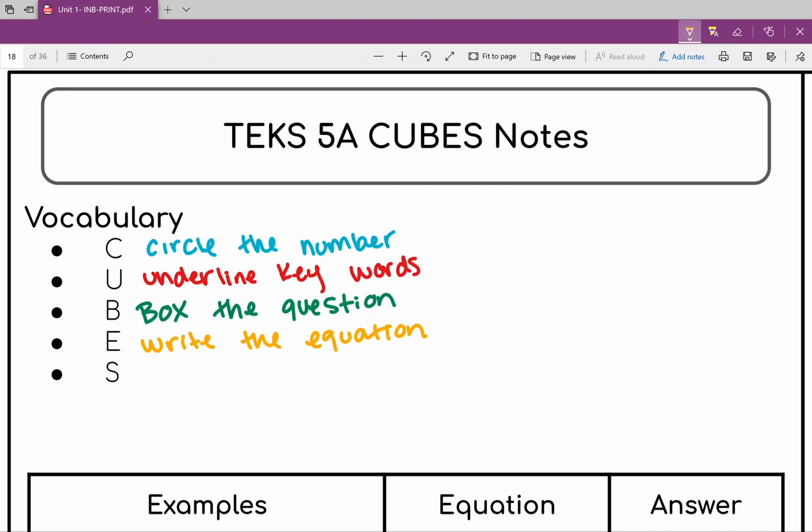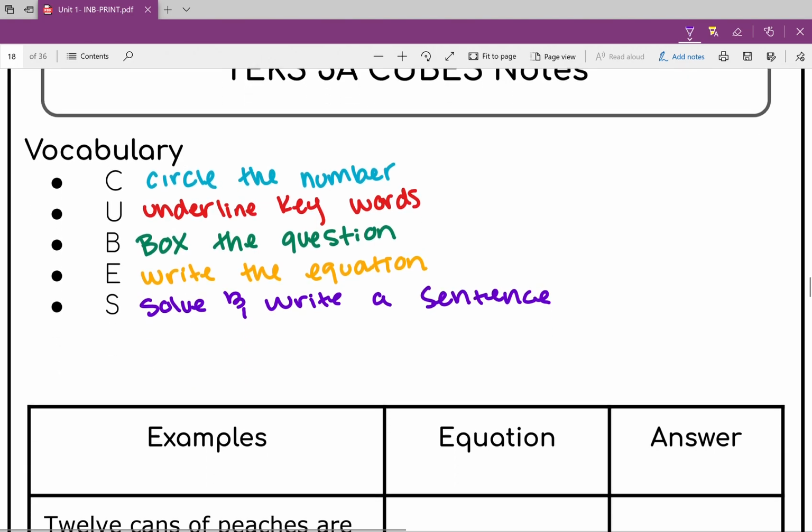And lastly, S stands for solve and write a sentence. Okay, so let's use CUBES to solve the example problems.